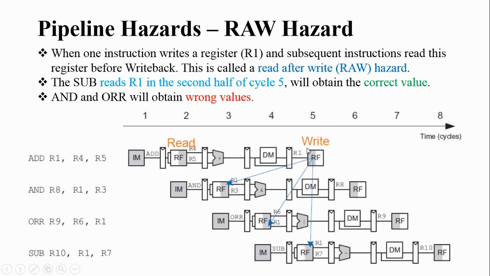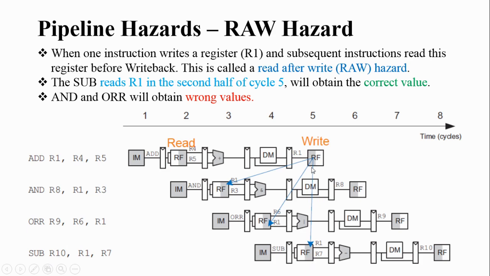Why? Because the write process occurs in the first half of the cycle, and the read process occurs in the second half of the cycle. So first the write process will be completed for R1 in the add instruction, and only then the read process will take place. So you will be getting the correct result for sub alone.